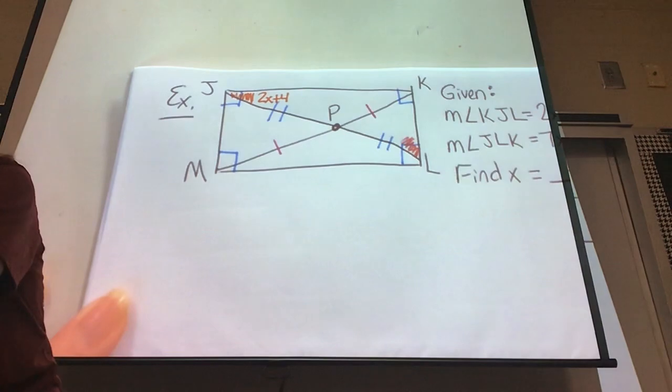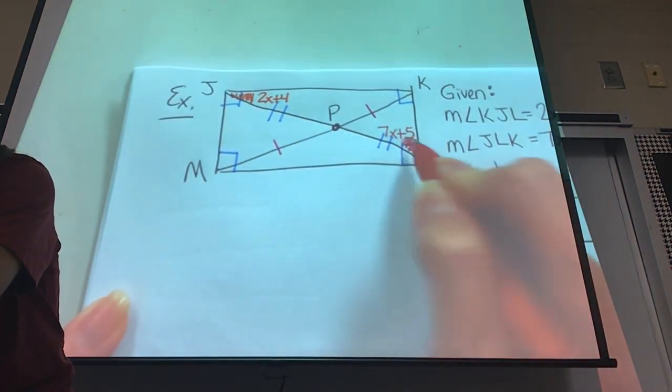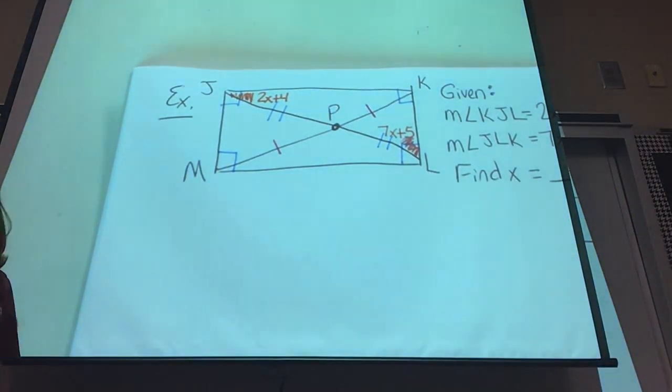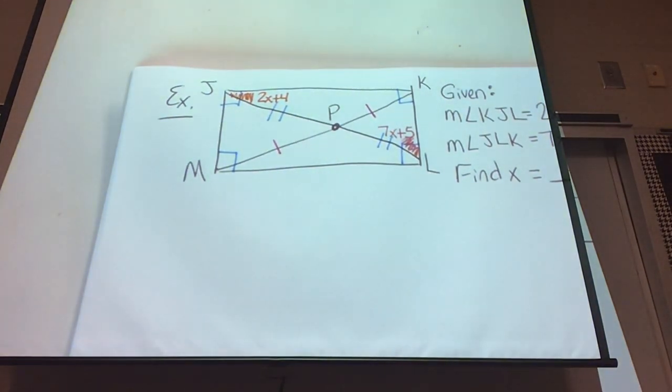This little angle down here that I colored in red is my 7x plus 5. Okay. Now, what do we know here that we can use?